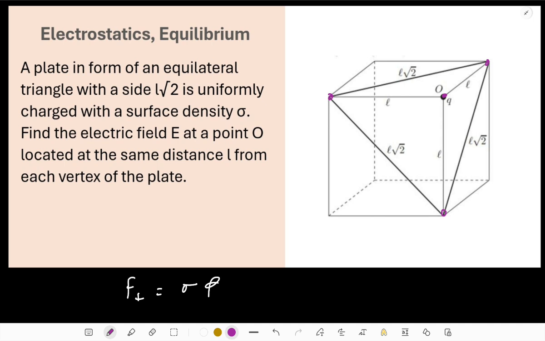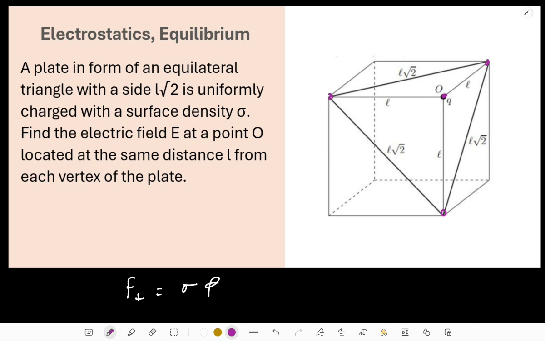So we have symmetry, and we have many things else. I can also see that by virtue of system symmetry of rotation by an angle 2 pi by 3 about an axis passing through the point O and the center of the plate, the force F is directed along this axis.